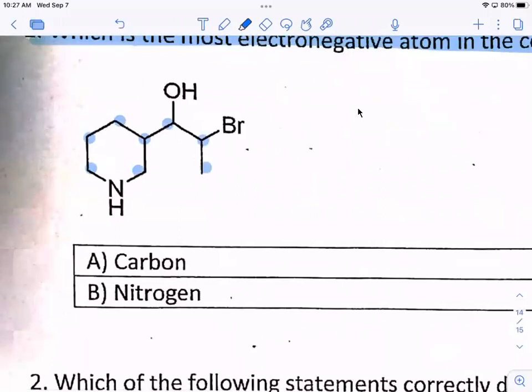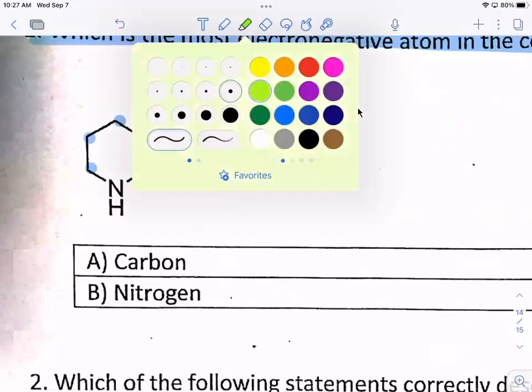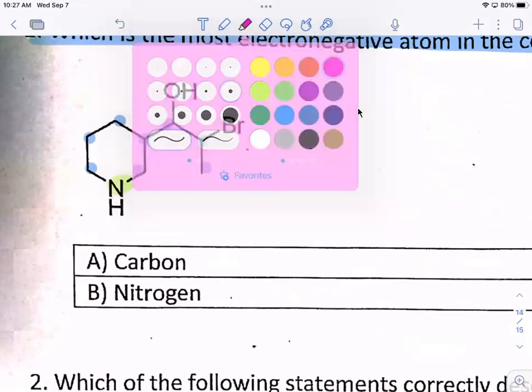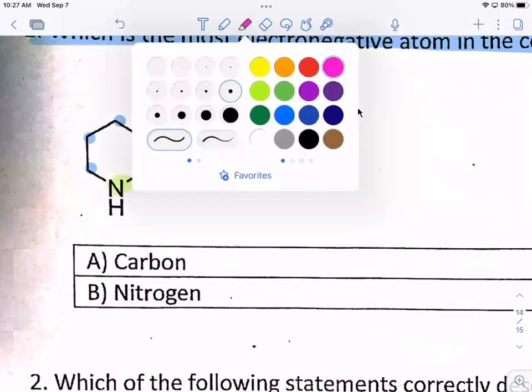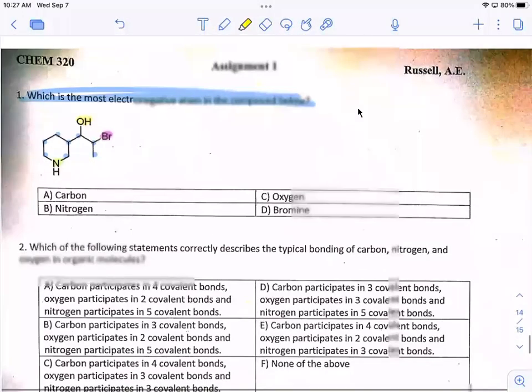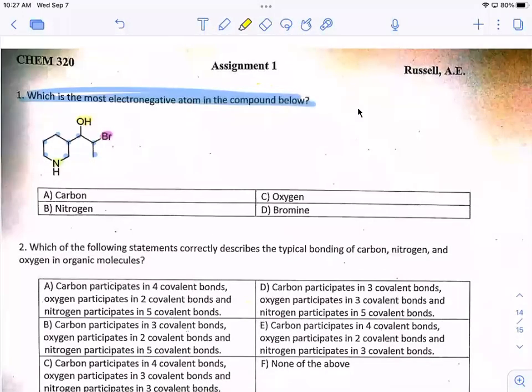So you've got carbon, nitrogen, bromine, and oxygen. Those are my four choices. Which is more electronegative? Oxygen.